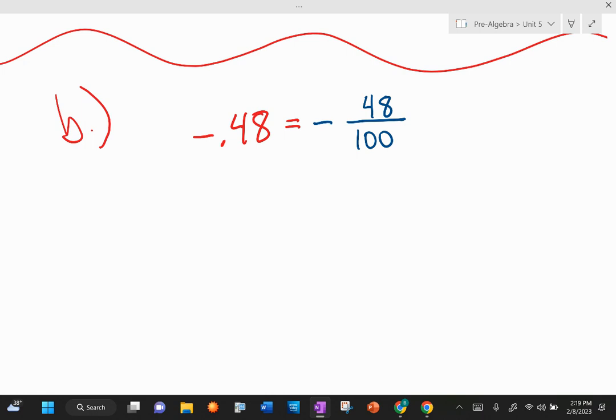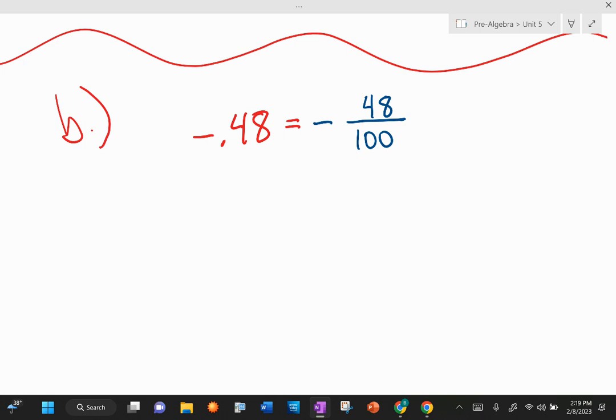Now how do you simplify this? So we are simplifying by finding common numbers that both the top and the bottom can be divided by, right? So they both can be divided by 2. Can we go higher than that? Can they both be divided by 3? No. Can they both be divided by 4?